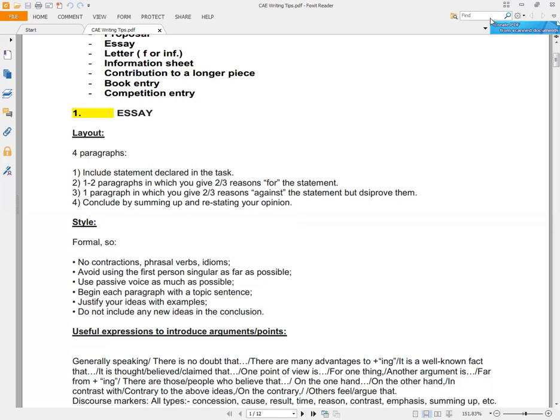And in the third paragraph, you must have reasons to explain why people are against that statement, and so on. Number 4, to conclude by summing up, by justifying and restating your opinion, or to rewrite your introduction, and so on.